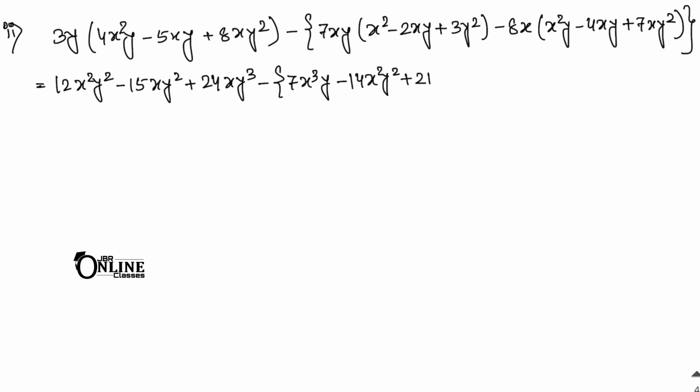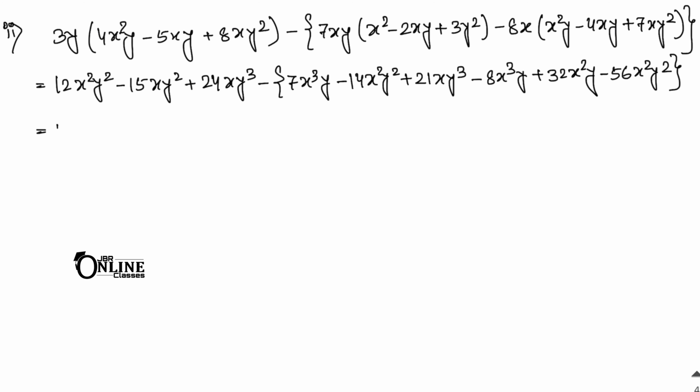Then here 21 x y cube. Then here 8 x cube y plus 32 x square y, and the last one here 56. Okay, it will be in negative, not in positive. So here minus 56 x square y square.